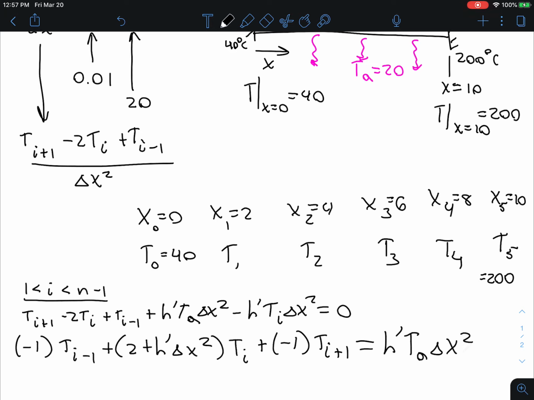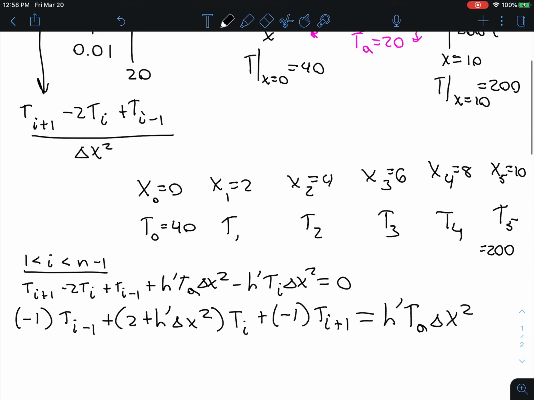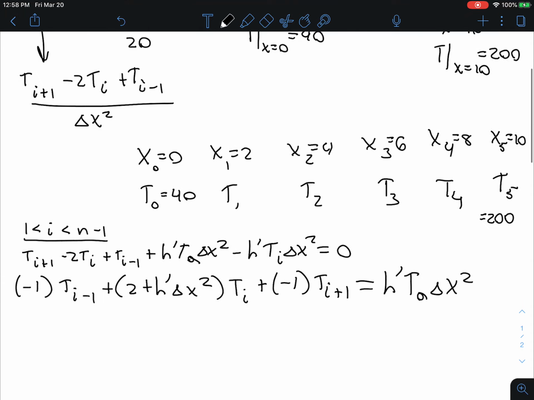So I'm going to evaluate the numbers here for the particular step size delta x equals 2. But when we actually work on the script, we're not going to assume delta x is equal to 2. But for now, just to illustrate things, if delta x is 2, then this quantity is going to be 2.04, and this quantity is going to be 0.8.